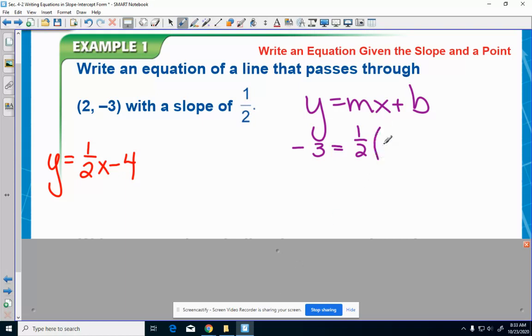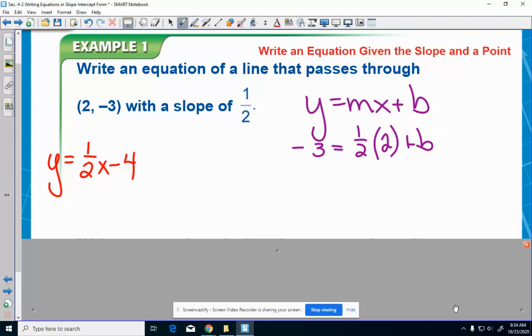Because that ordered pair is an x and a y. In fact, if I told you the equation of the line, you would use the x and the y to check to see if an ordered pair worked or not. Well, in this situation, I'm not checking for an ordered pair. I'm going to use the ordered pair to help me find something else. Now I've fulfilled 3 of the 4 things.